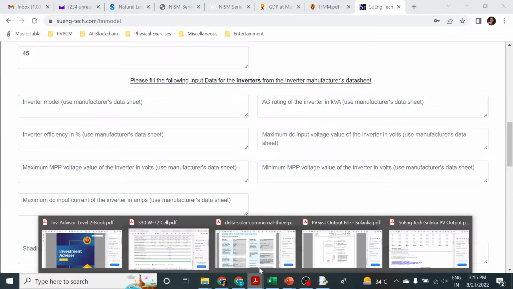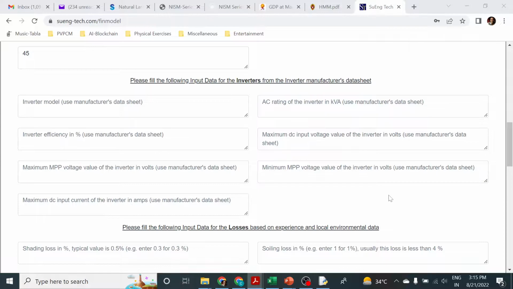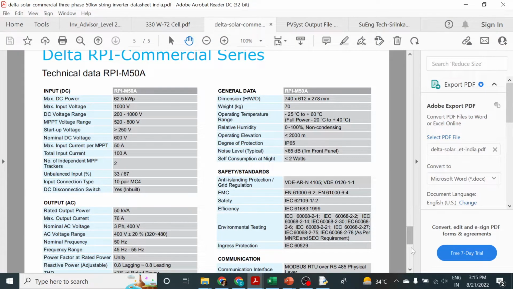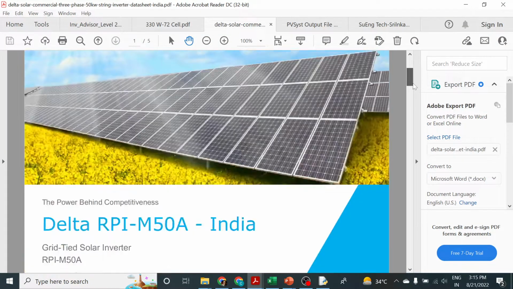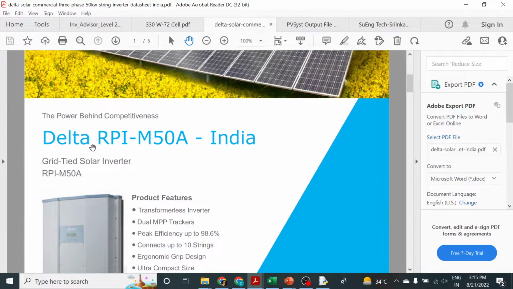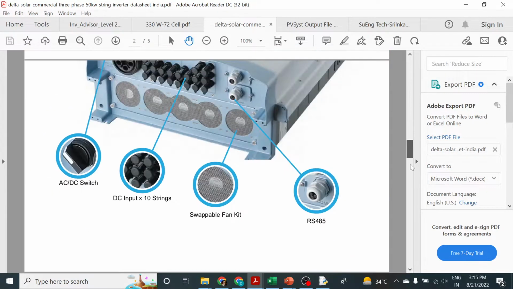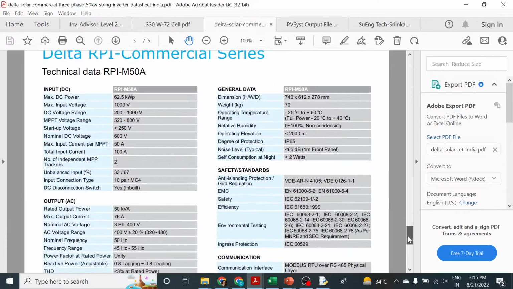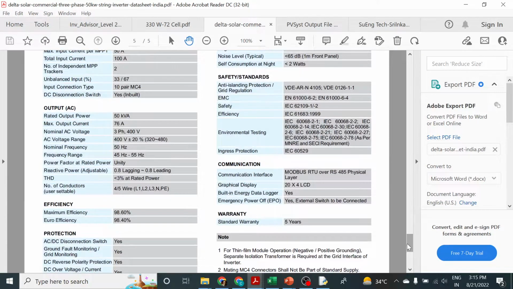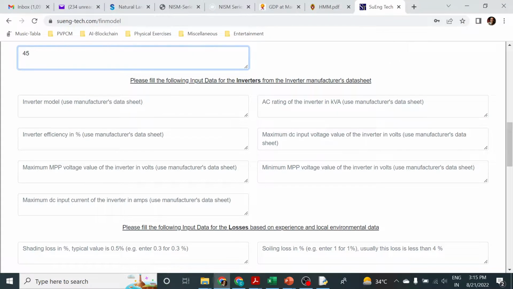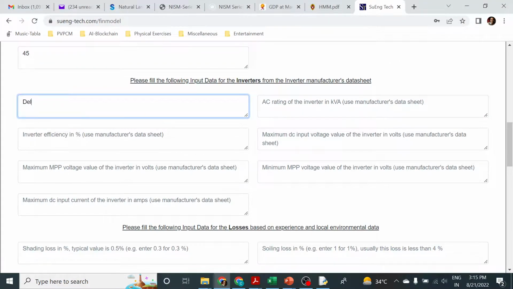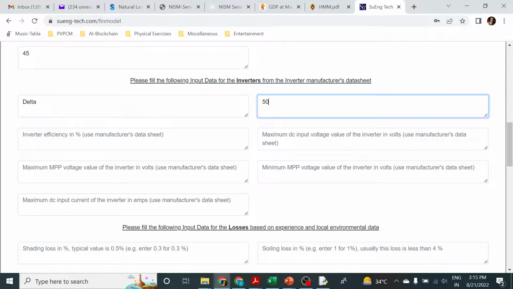So I have chosen an inverter of Delta. Delta is a brand of inverter, and again, this data sheet you can download from the internet. The rated power output is 50 kVA, so this is Delta 50 kVA.